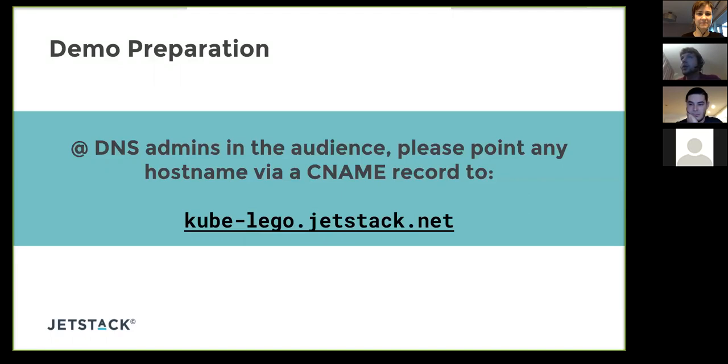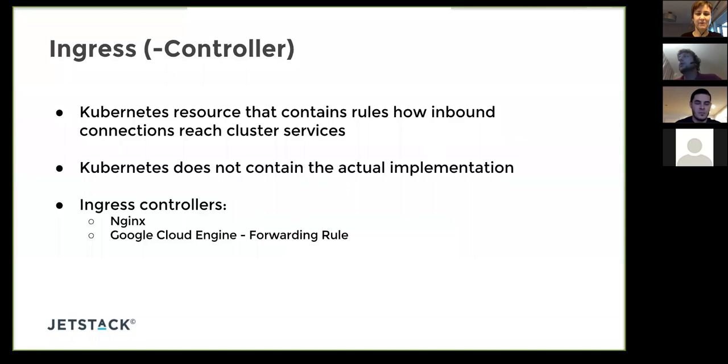I've posted the CNAME destination to everyone in the Zoom chat, and maybe if you could post your domain back, then I can try it in a minute during the live demo. I can go ahead and create a CNAME, so keep talking.